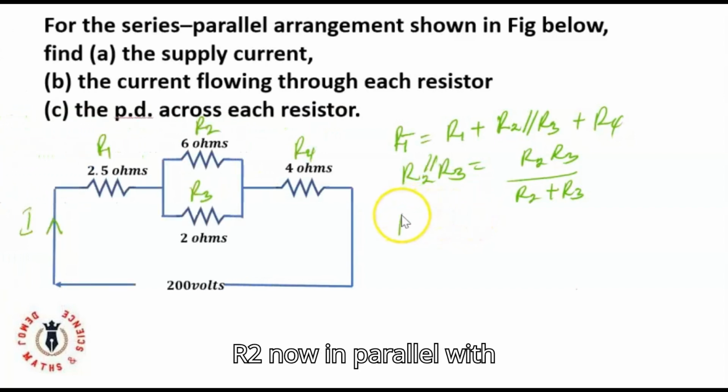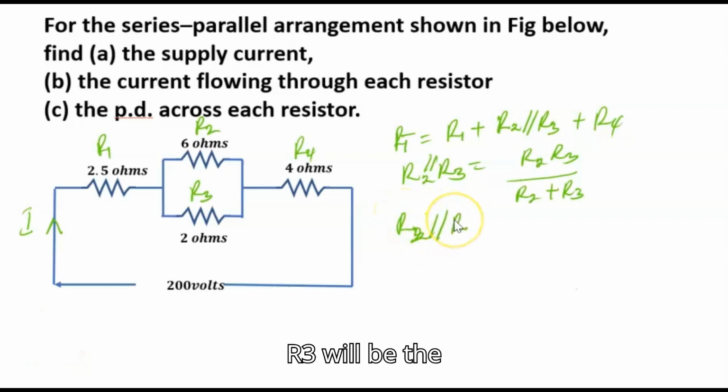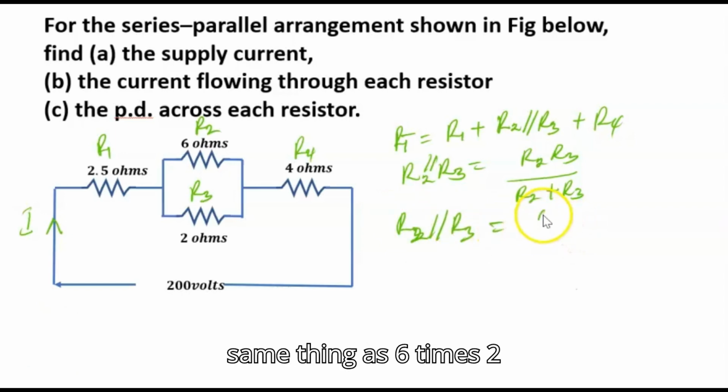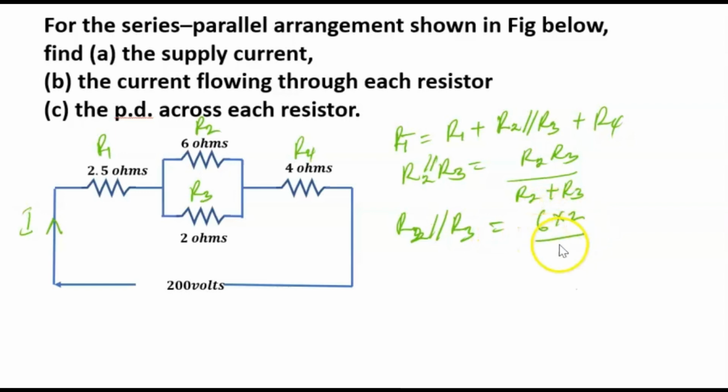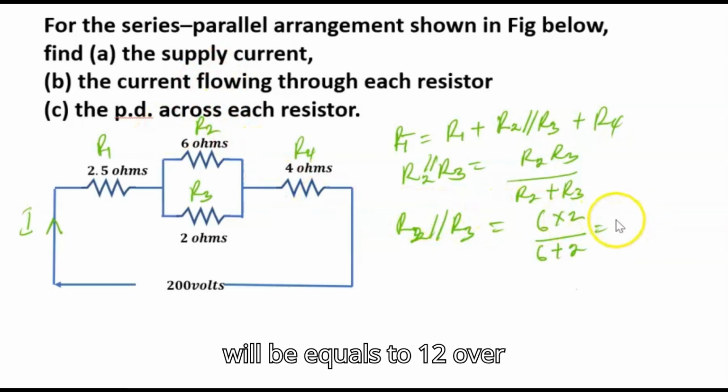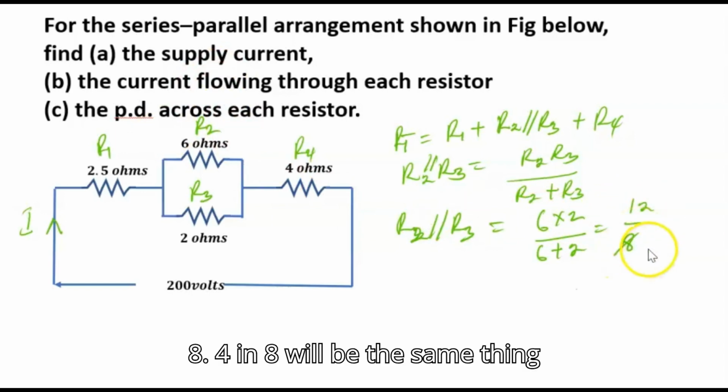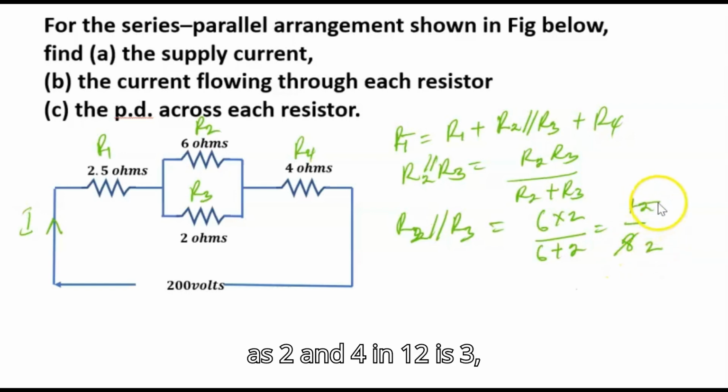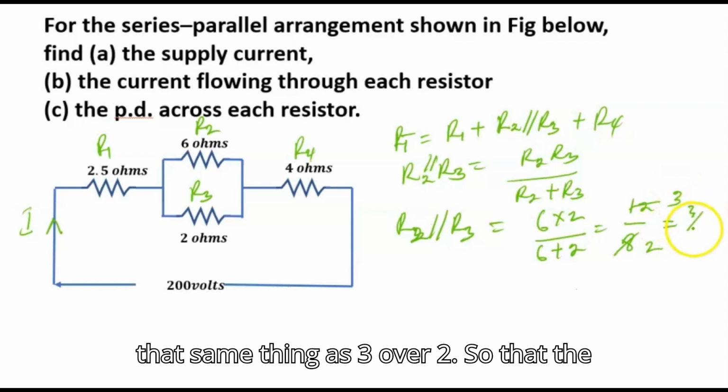Now R2 in parallel with R3 will be the same thing as 6 times 2 over 6 plus 2, which is equal to 12 over 8. 4 in 8 is 2, and 4 in 12 is 3. That's the same thing as 3 over 2.